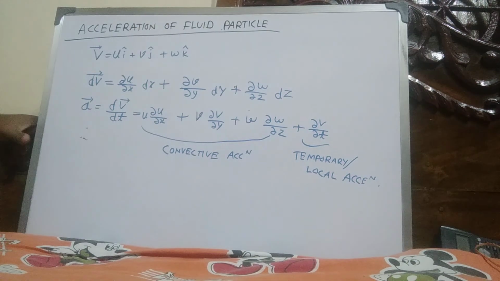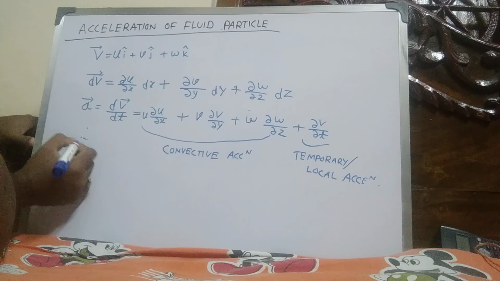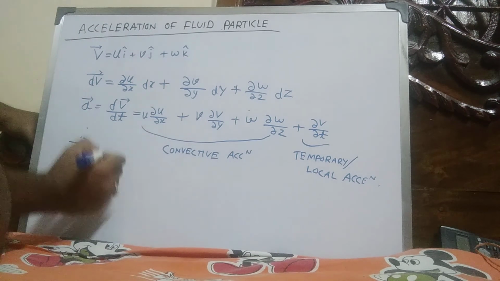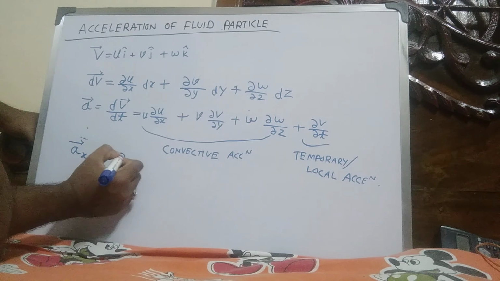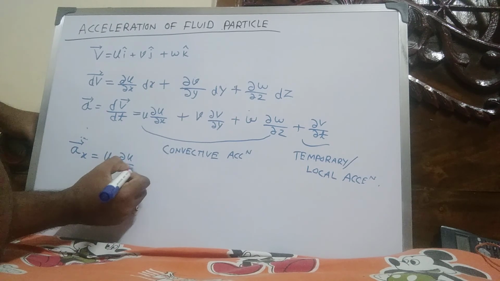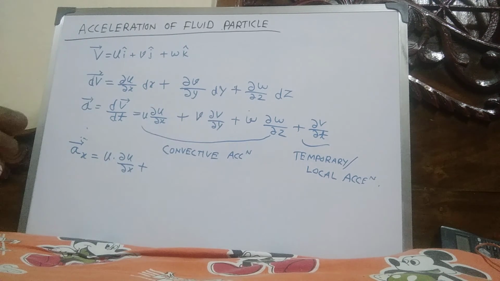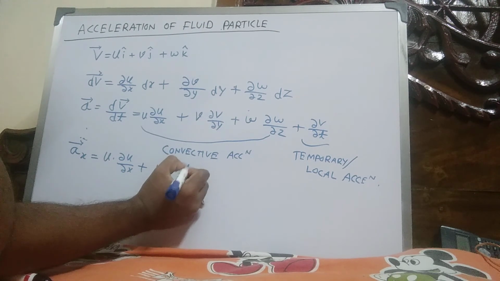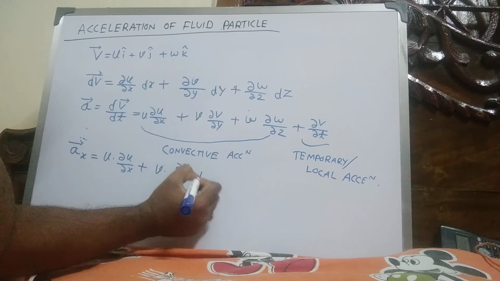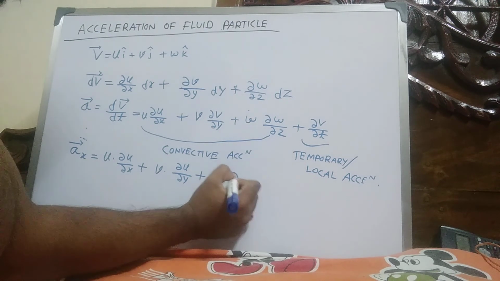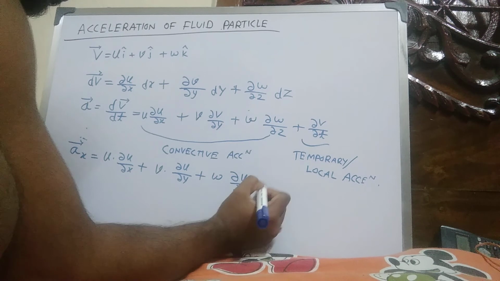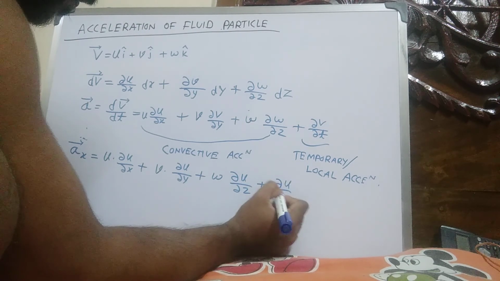Understand? Now acceleration in x direction equals u du by dx plus v du by dy plus w du by dz plus du by dt.